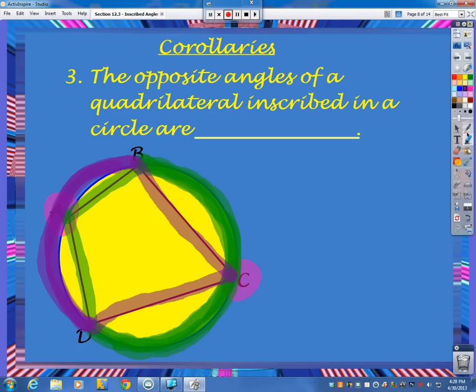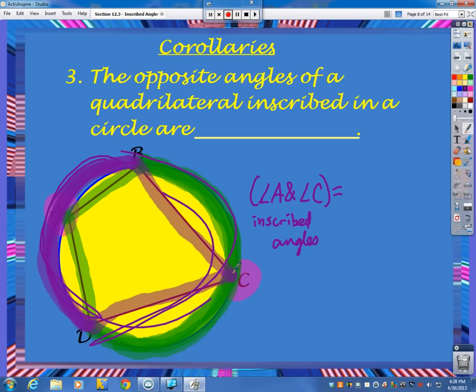We certainly don't. But we do know that angle A and angle C together, they're both inscribed angles. So inscribed angles A and C together make up how many degrees in terms of their arcs? Well, this arc plus this arc, that's all the way around the circle, which is 360.